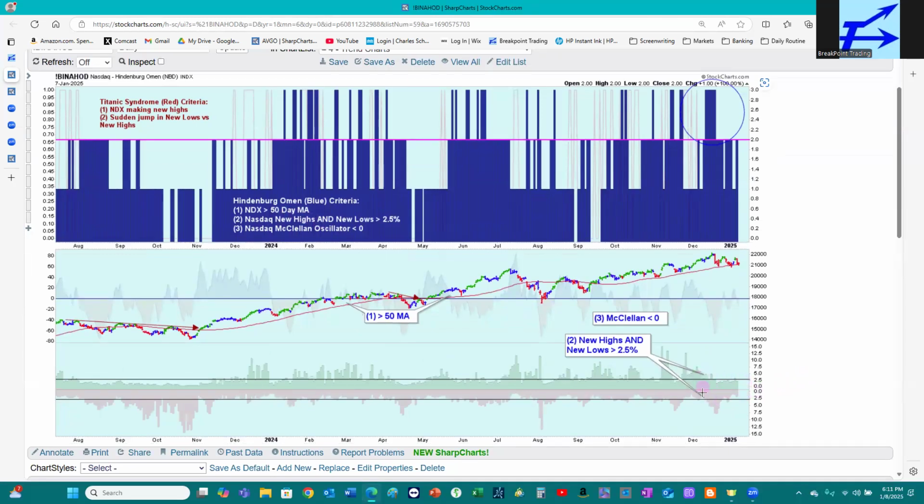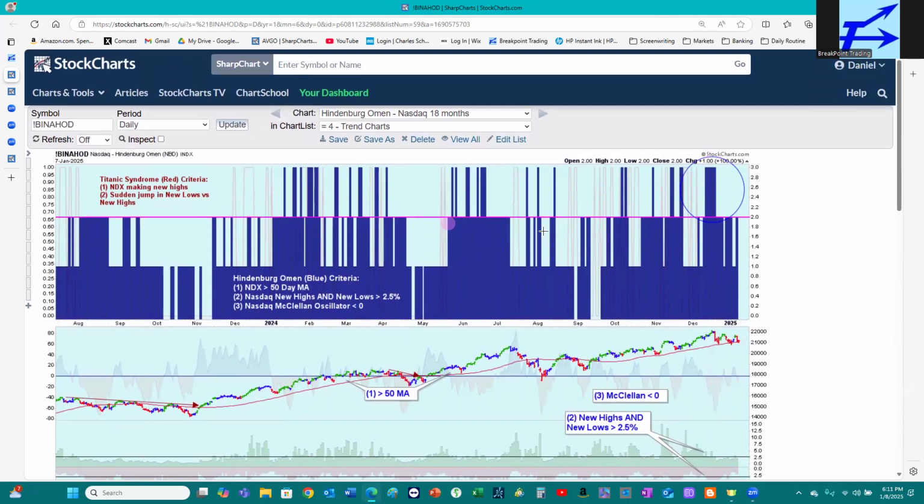Both of those happen right back here in the middle of December. It's rare for both new highs and new lows at the same time to be above 2.5%. And then the third piece is the McClellan oscillator, which is an oscillator that measures advances and declines in the market. So that needs to be less than zero. And you can see right here in December, it was less than zero.